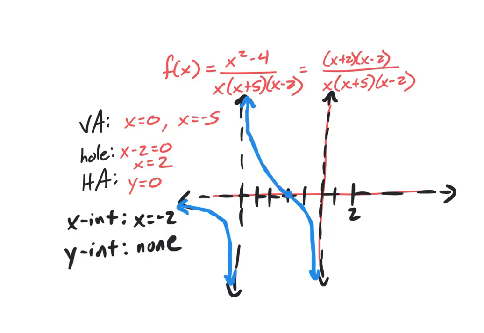So when we draw this last part in, we're going to put a hole in the graph at that point, and then it's going to continue on. So that's exactly what it is. There's a hole in the graph at that point, at x equals 2. Okay. Questions on that one? Kind of different, right? Because of the hole, especially.